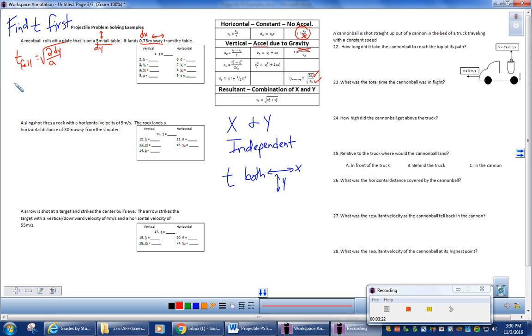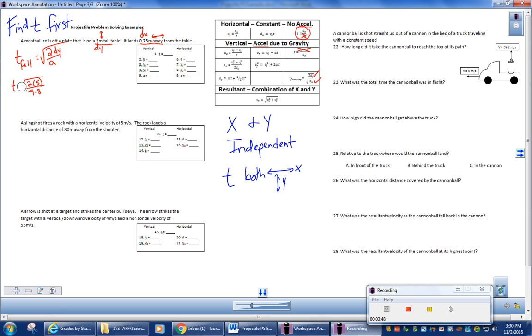To solve for time, I am going to simply plug in my variables: 2, and my Y distance is 5, not 0.75. So 2 times 5 divided by negative 9.8. We've discussed before that I cannot square root a negative, so I need to drop the negative in my calculator, because time can't be negative anyway.